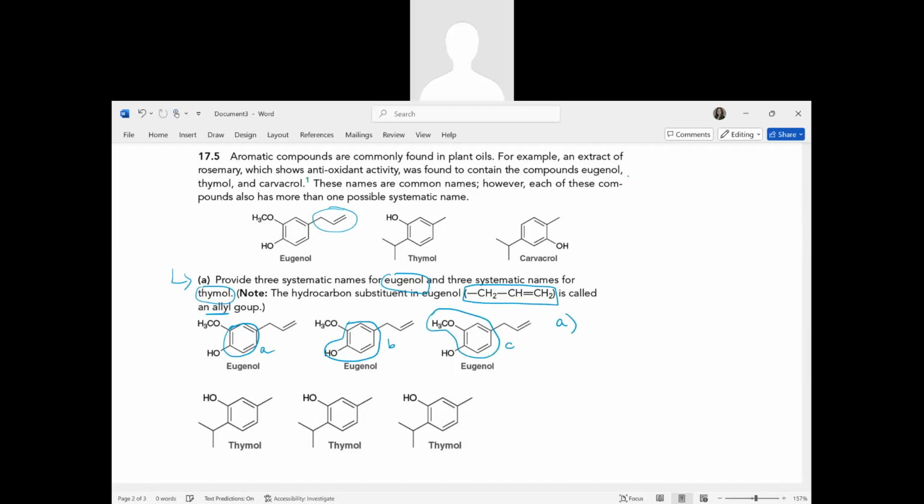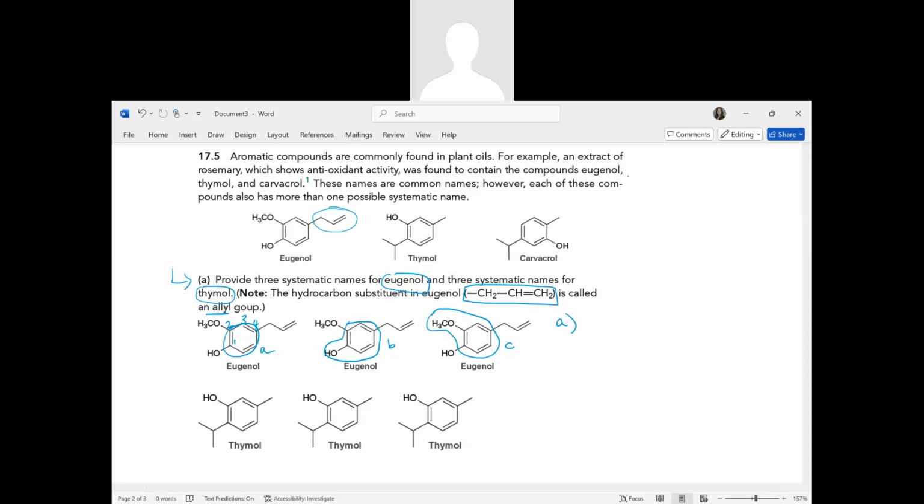And the name for compound A, named as a benzene parent, if we had these alphabetized, our carbon 1 would have our hydroxy group right there. And then carbon 2, we have this methoxy group, and then on carbon 4, we have that allyl group.